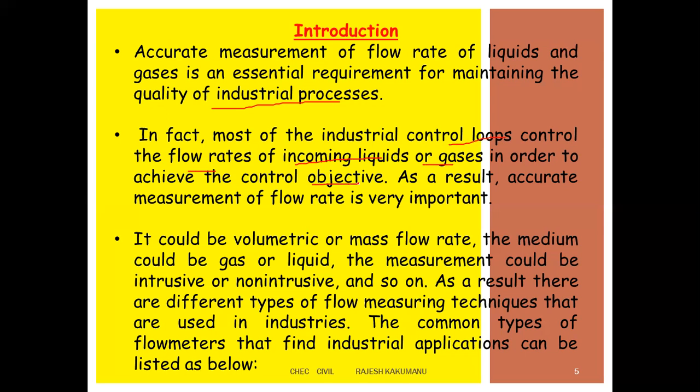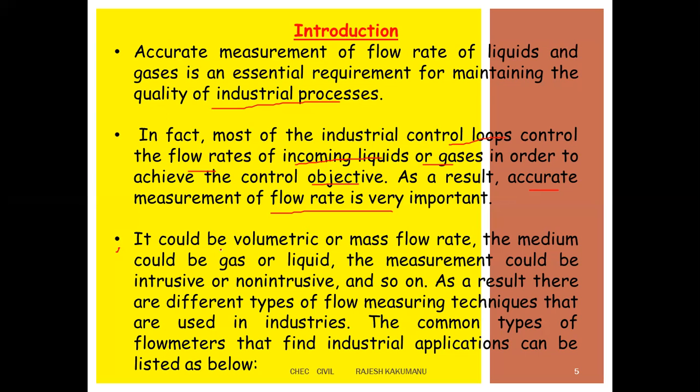Generally, this is their basic primary objective. As a result, accurate measurement of flow rate is very important. Whenever you are maintaining the flow rate of the liquids and gases, automatically the flow rate can also be measured with this concept.